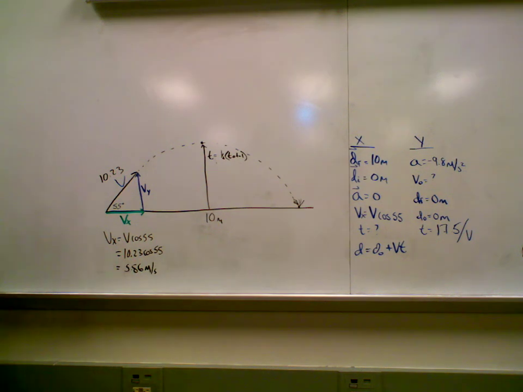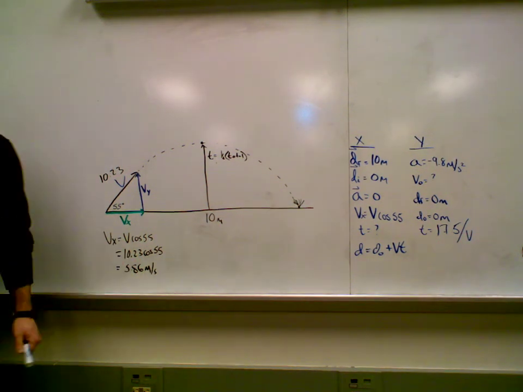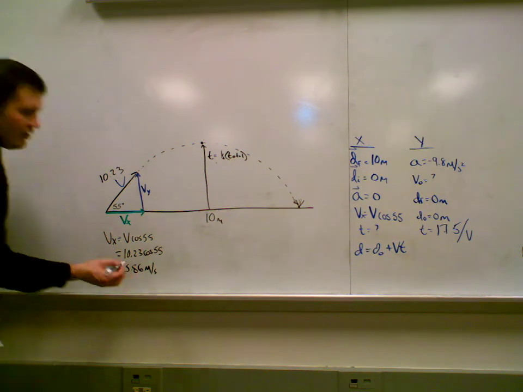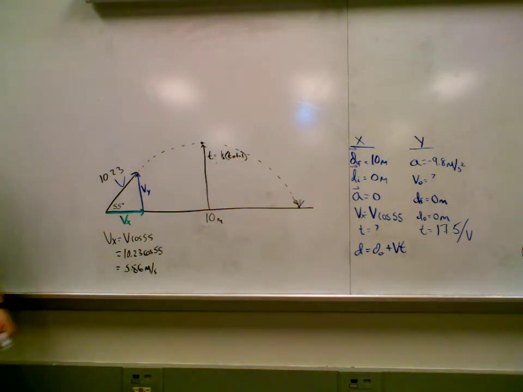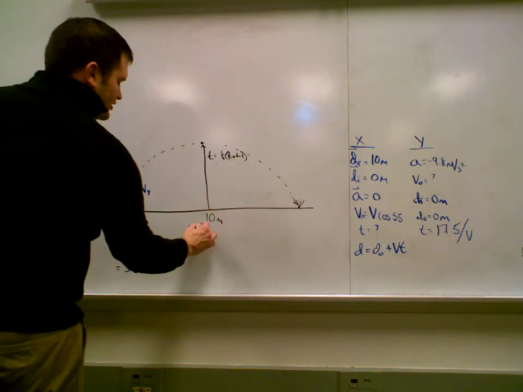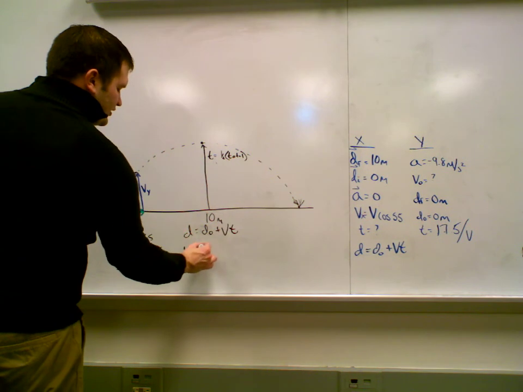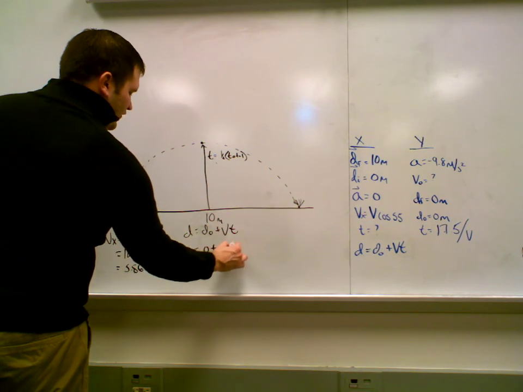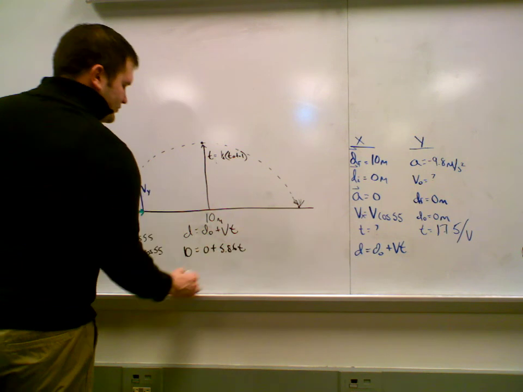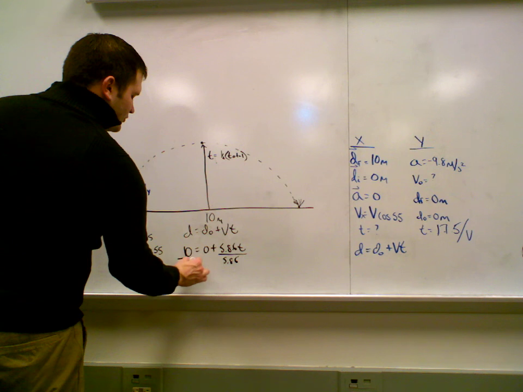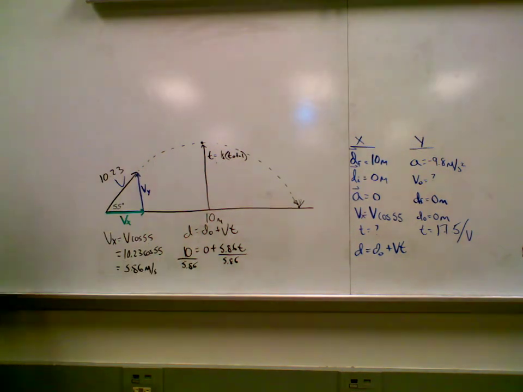And then it goes 10 meters, doesn't it? So can we figure out how long it takes for 5.86 to go 10 meters? D equals D naught plus vt. 10 equals 0 plus 5.86t. Divide by 5.86. What's 10 divided by 5.86?